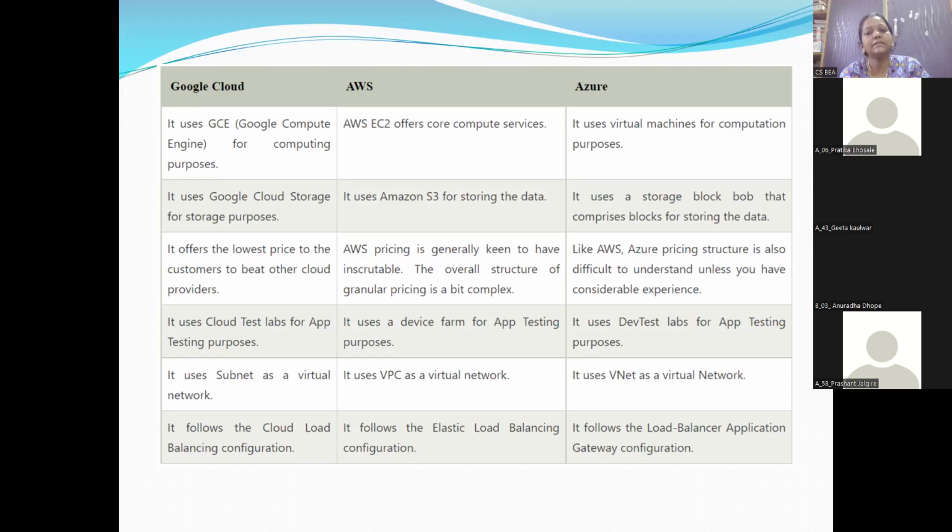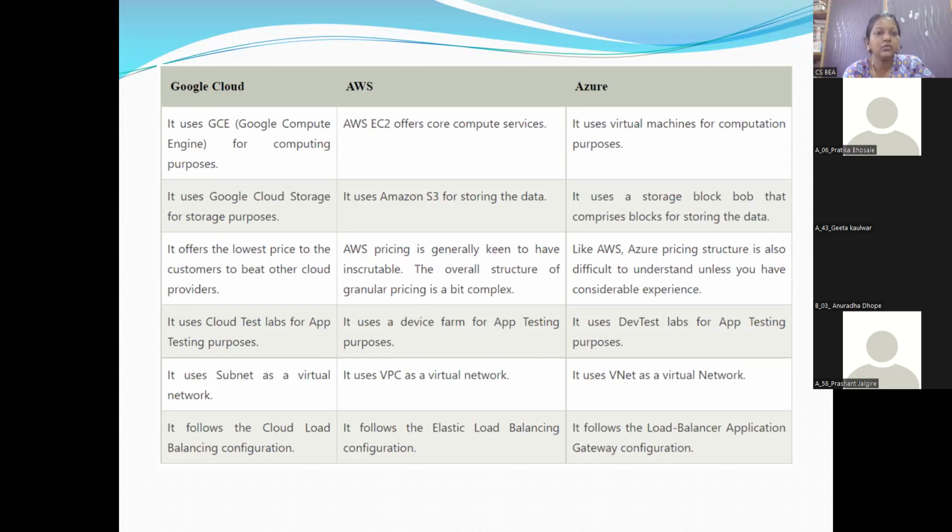AWS pricing is generally inscrutable; the overall structure of granular pricing is a bit complex. Like AWS, Azure's pricing structure is also difficult to understand unless you have considerable experience.